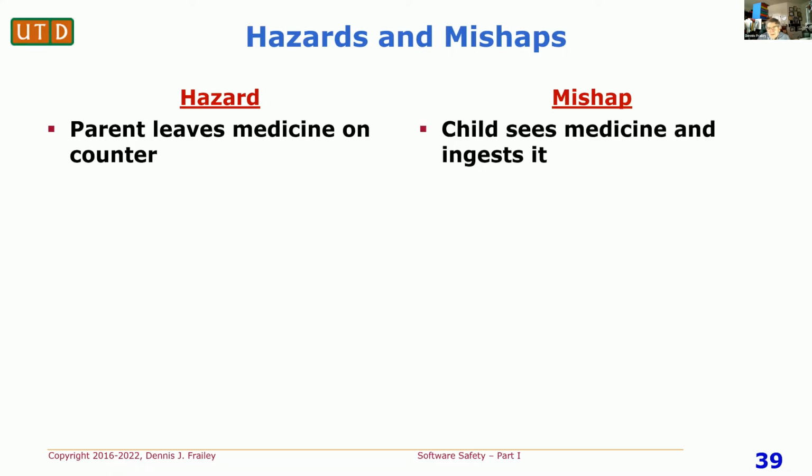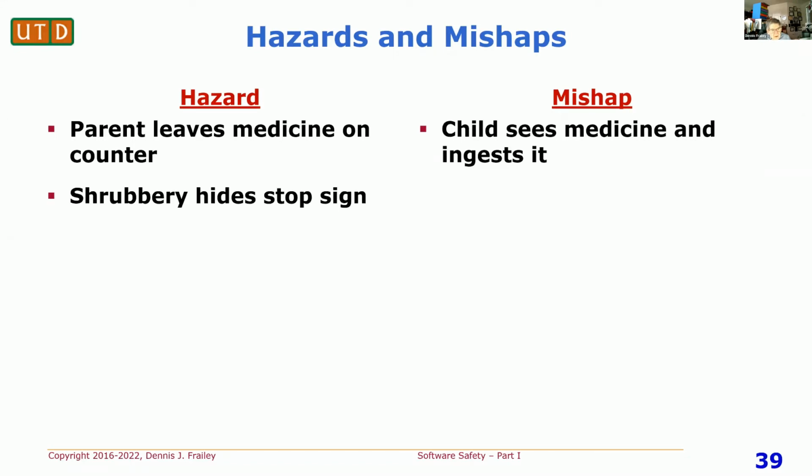The mishap is the child sees the medicine and starts ingesting the medicine because it tastes good or something. That is where the problem shows up. Now notice that if the hazard didn't exist, the mishap wouldn't have been a problem. The child would not have seen the medicine, or what they did see would not have been harmful to them. The hazard doesn't cause the problem, but it's the potential problem.